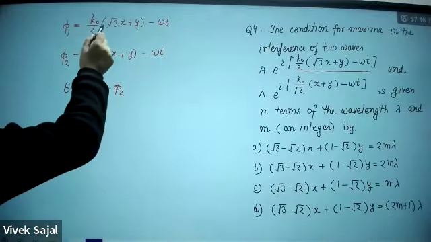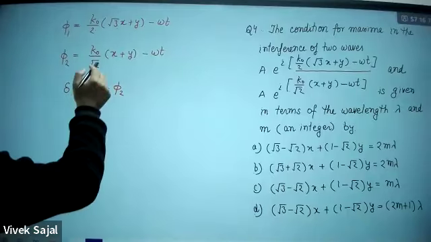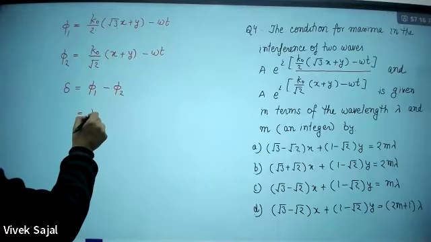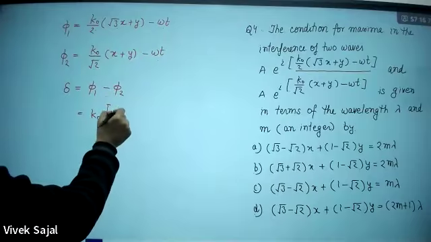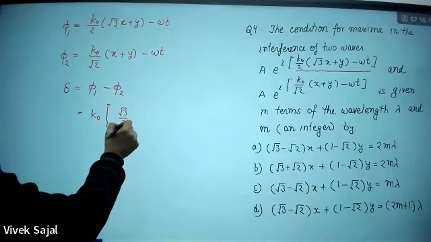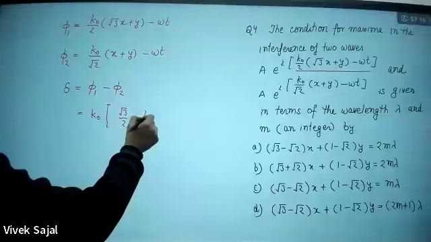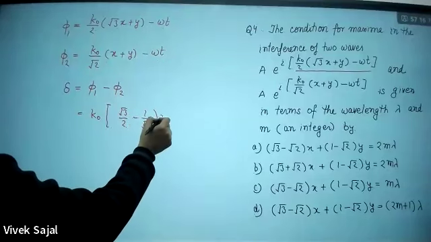So it will be, look here, this will be k naught. ठीक है ना, this will cancel out by this. K naught will be common. So this will be root 3 by 2, and this will be minus 1 by root 2, and this will be x.